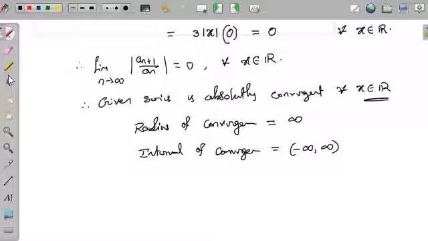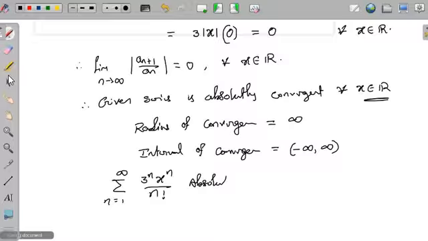The conclusion is that this summation, n equals 1 to infinity of 3 power n into x power n by n factorial, is convergent, or absolutely convergent, for all x belongs to R.